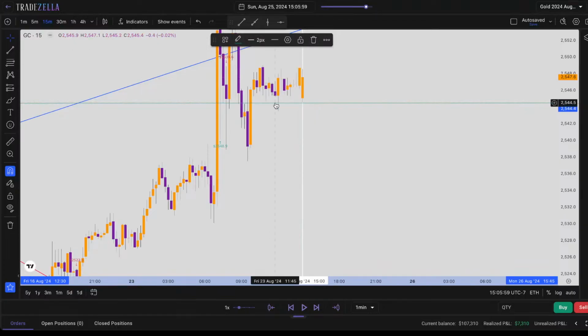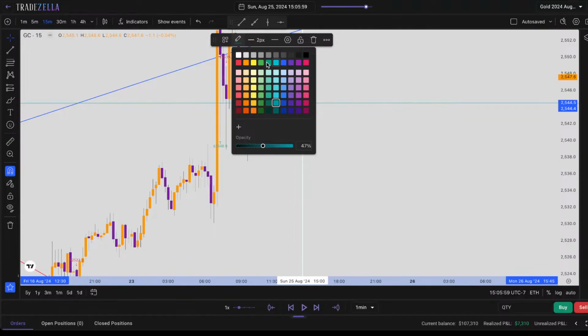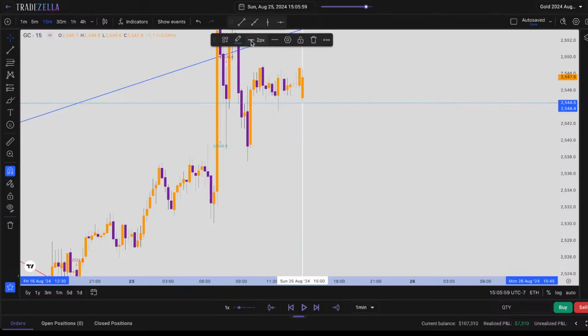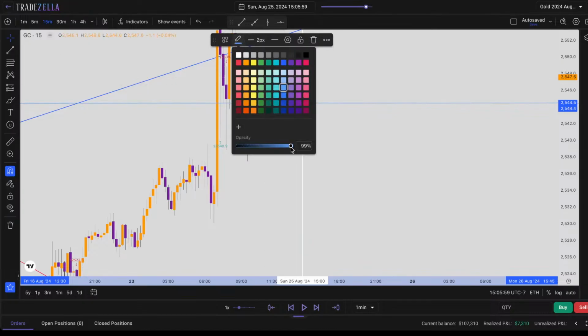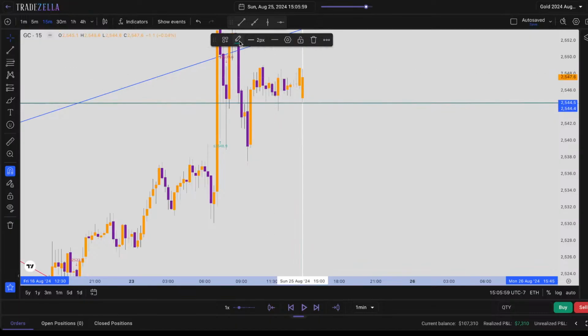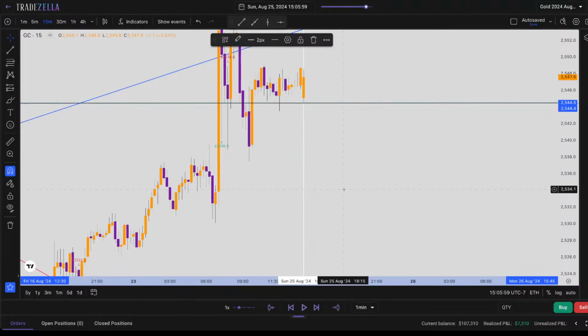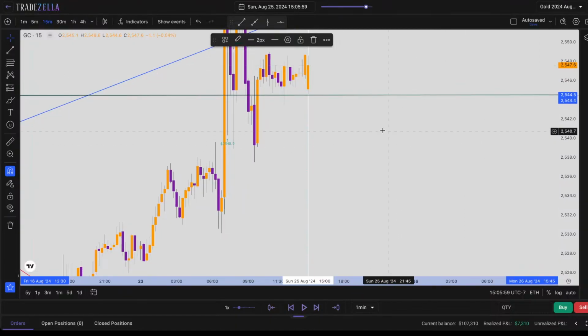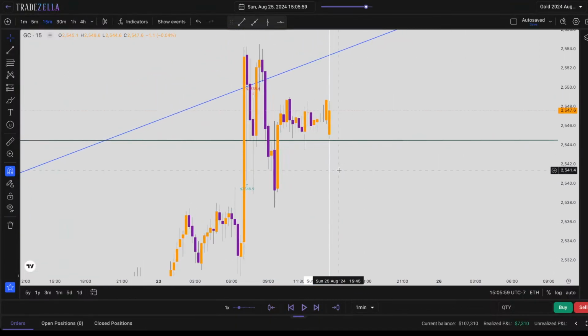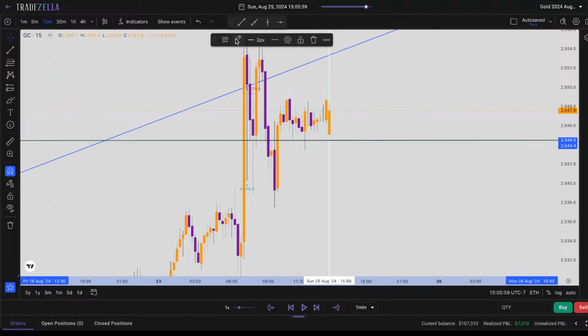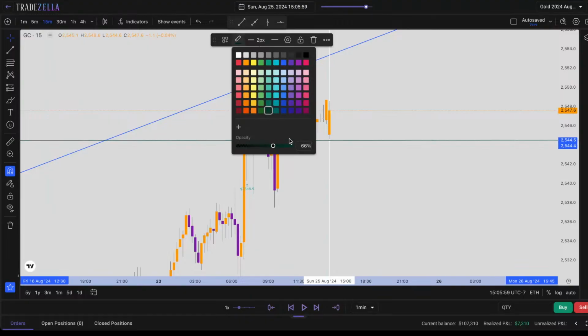Let's do like a light blue. I feel like I'm running out of colors here. Why does it feel that way? Here we go. Just like a dark green. Why not? There we go. All right, we like it.